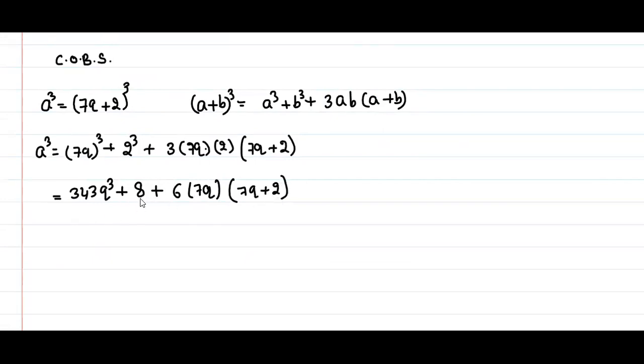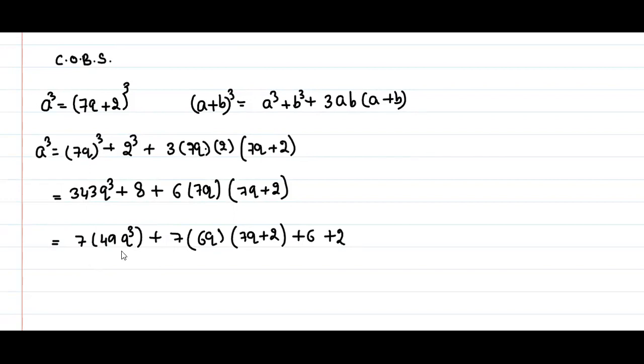Here split this 8 as 6 plus 2. And here we can take 7 common: 7 of 49q cube. Here plus, we can take 7 common: 7 of 6q into 7q plus 2. Then split it as plus 6 plus 2.